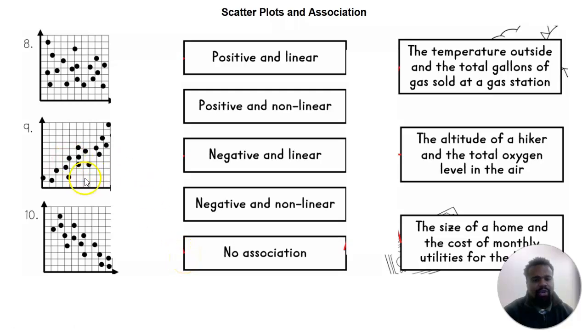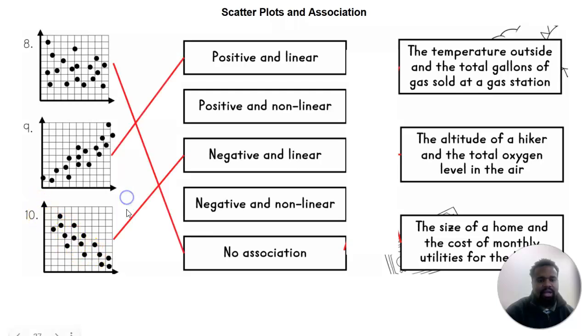If we see this here, look, as X increases, Y increases. That's positive, and it's kind of like trying to form a line, so it's going to be linear. So this will be positive and linear. This is as X increases, Y decreases. So this is going to be a negative association, and it's going to be linear. So this is no association, positive and linear, negative and linear.